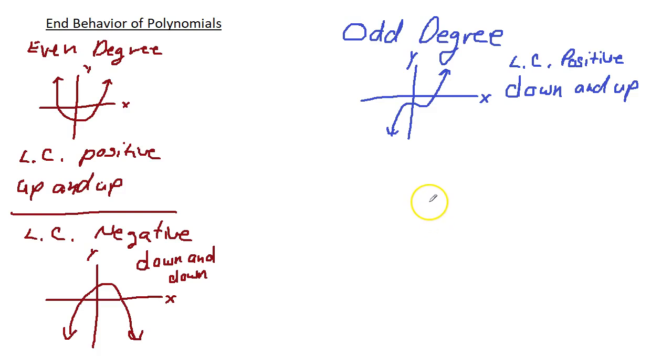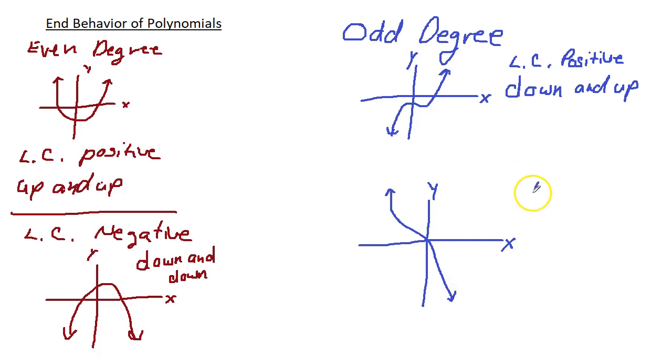And our last type with an odd degree is when our leading coefficient is negative. Here's my x-axis, my y-axis. So it's like this. If I were to connect the two ends of my graph here, I would have a negative slope.